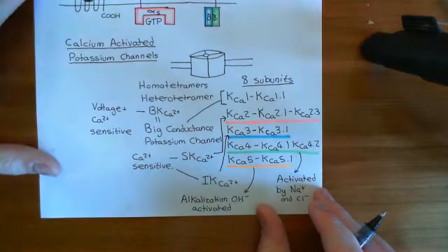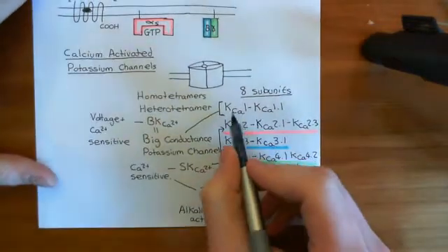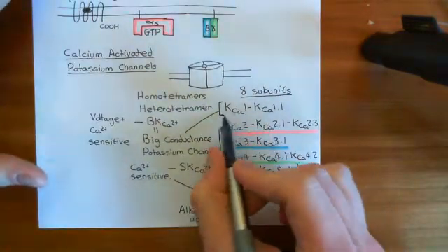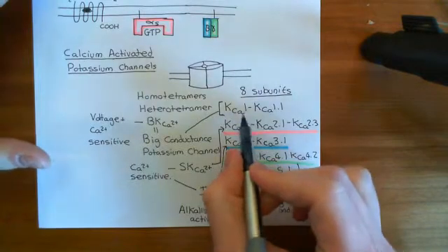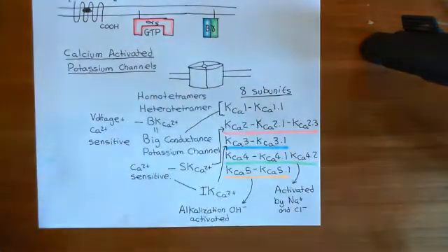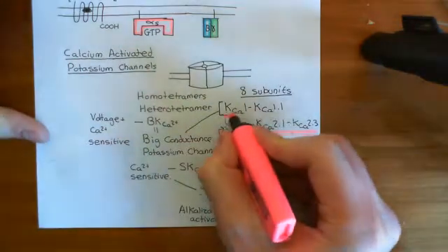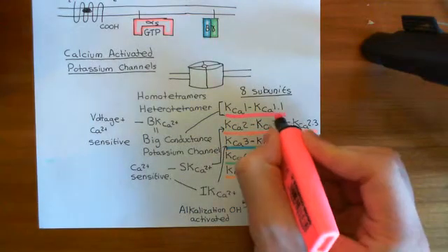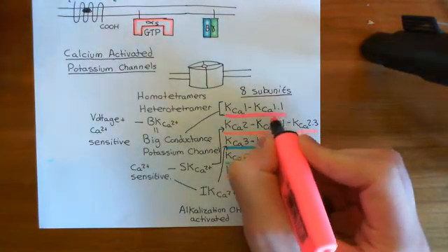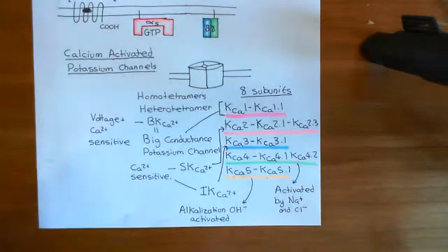Right, okay, so we are now going to look at the structure of the big conductance potassium channel in more detail, because this is the one we're going to be interested in, this one here. This is the one which the alpha S GTP subunit is going to interact with.